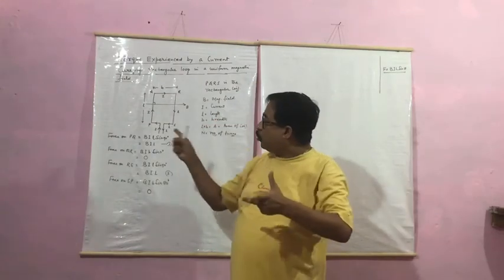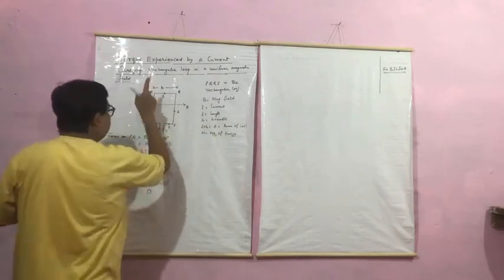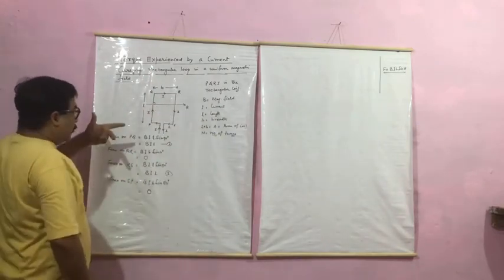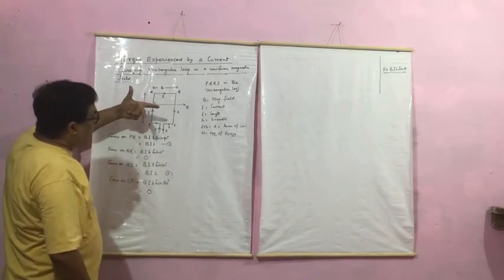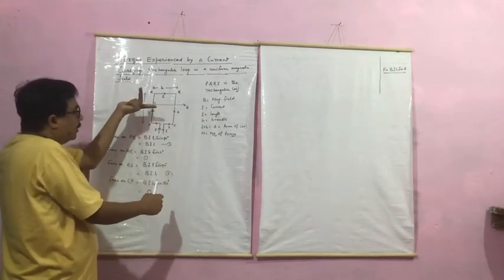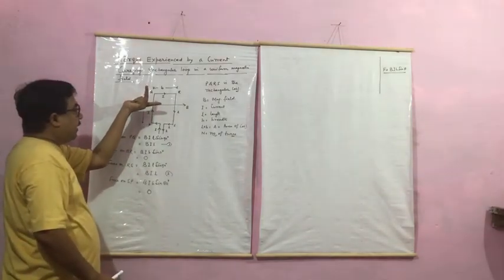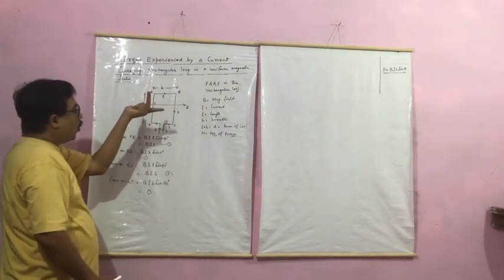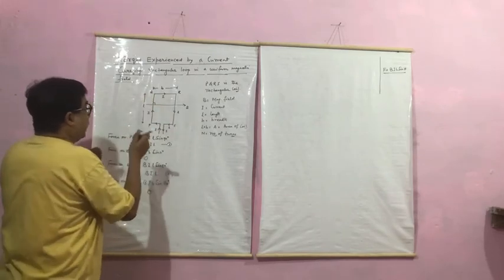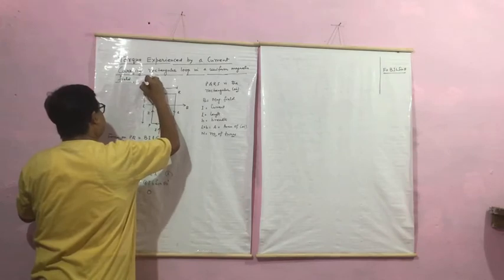Now apply this rule to these two sides. Now current is in the upward direction, magnetic field is this one. So we have to put our finger in such a way that this shows the magnetic field and this shows the current. So in this way we can get the idea. The thumb is inward, so the force on this PQ is like this and is BIL.